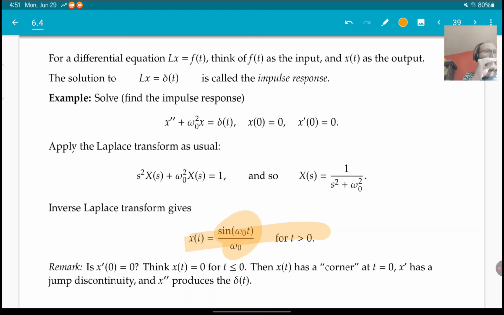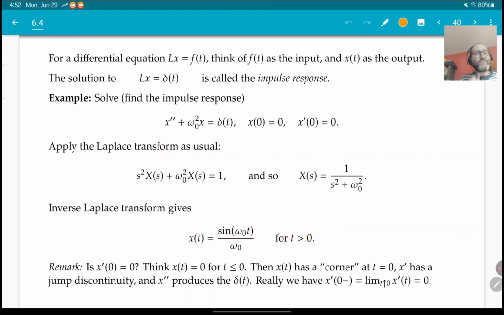If we approach from the right-hand side, okay, so x prime has a jump discontinuity. And then x double prime is going to give us our delta function, because we're differentiating a jump discontinuity. Now, it doesn't really make sense to evaluate at 0.